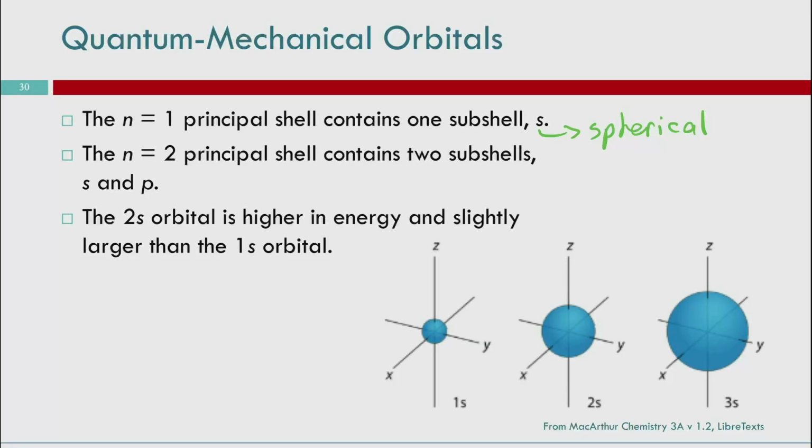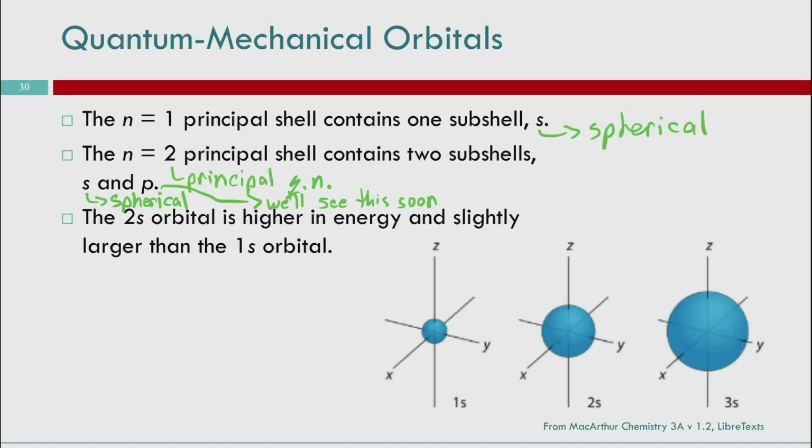When we bump up our energy level to n equals 2, our principal quantum number 2, within that energy zone, we've got 2 subshells. We've got s, still spherical, and we also have p, and we'll learn about this soon.